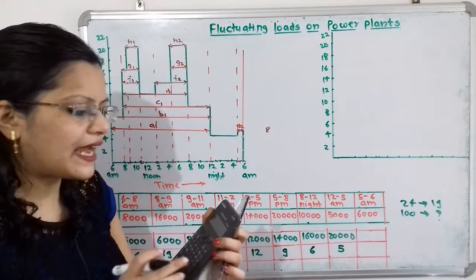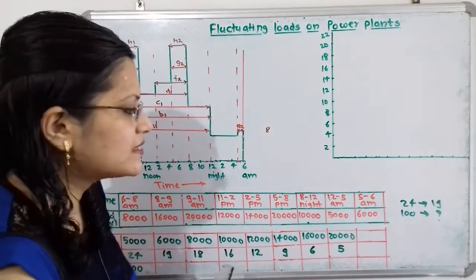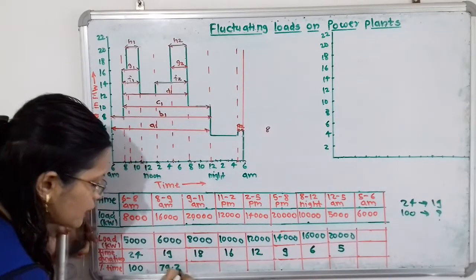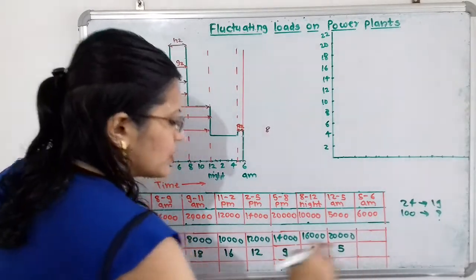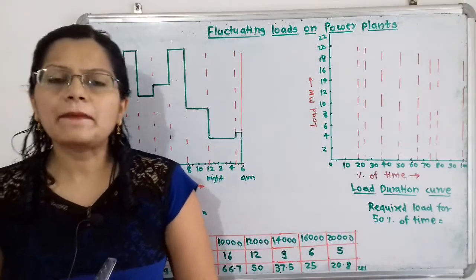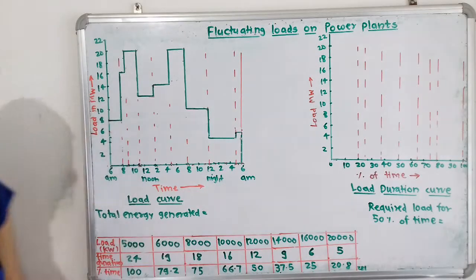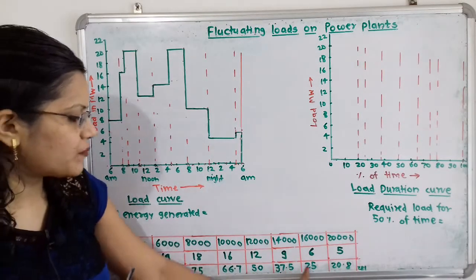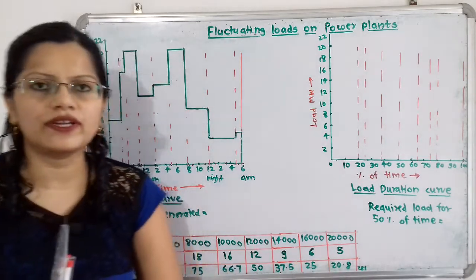That is 79.16. So I will take here 79.2. In the same way we have to calculate the percentage time. The remaining percentages of time are calculated: 75, 66.7, 50, 37.5, 25 and 20.8.